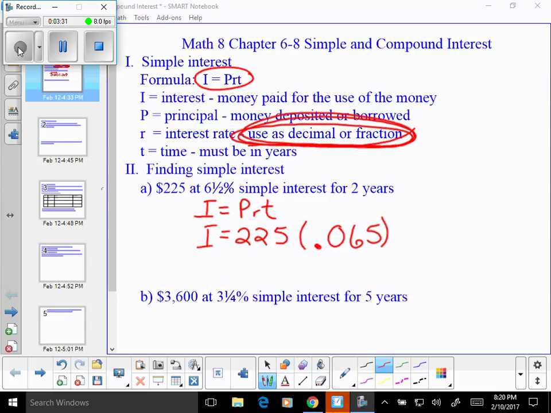The T stands for time, and it has to be in years. That would be 2. When we utilize our calculator, although if you can take the 225 times 2 to get 450 and put 450 times 0.065, that's really the best, because the least buttons you have to press on a calculator, the better it is. We should get $29.25.